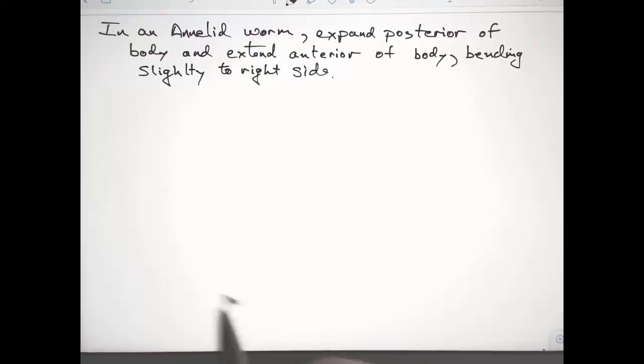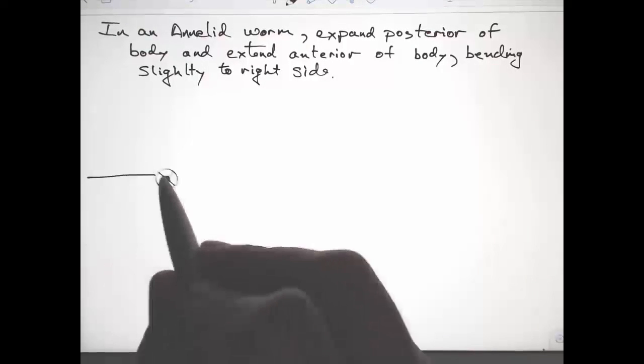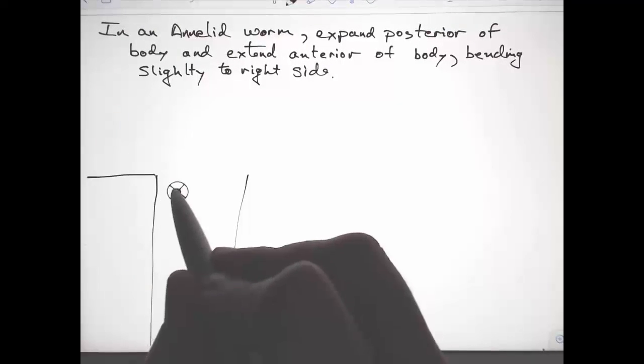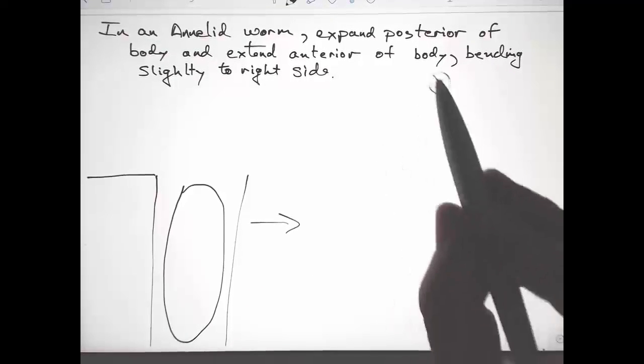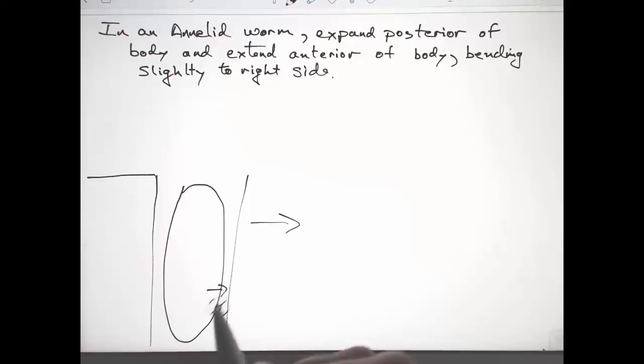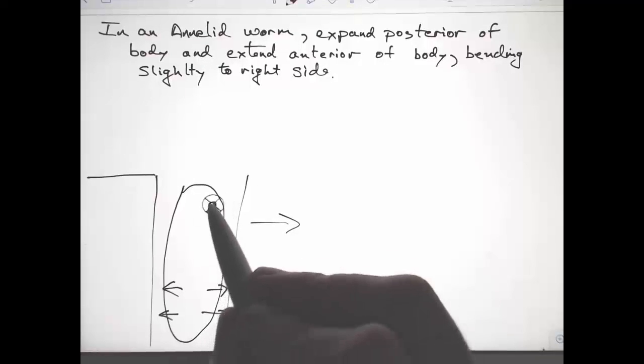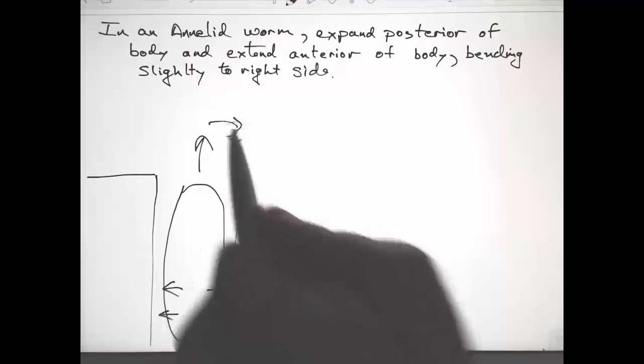What about an annelid worm? Well, we've got an annelid worm. Maybe it's in some hole, and we want it to expand the posterior. So expand the posterior, which might push it against the walls of the tube, and extend the anterior and bend it.